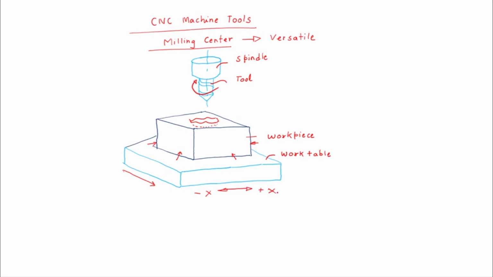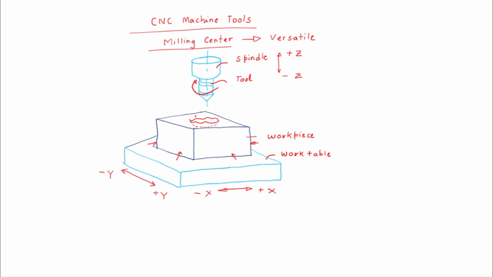We need to translate the workpiece along the longitudinal direction, positive x and negative x. Along the transverse direction, this is positive y and negative y, and along the depth direction, positive z and negative z. Now, by having the relative motion of the hard tool with the workpiece, we are removing material from the workpiece as per our desire.